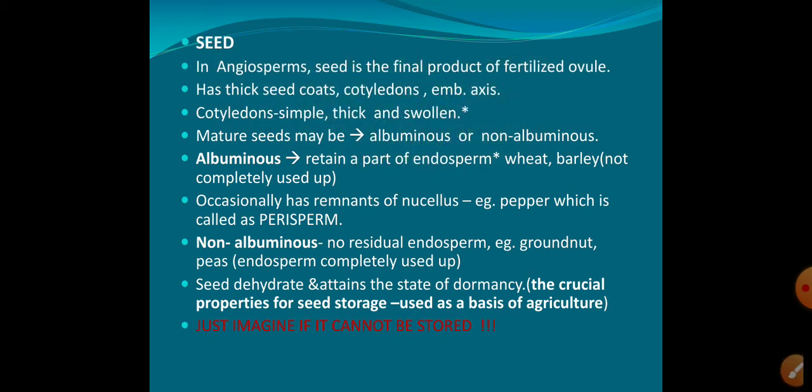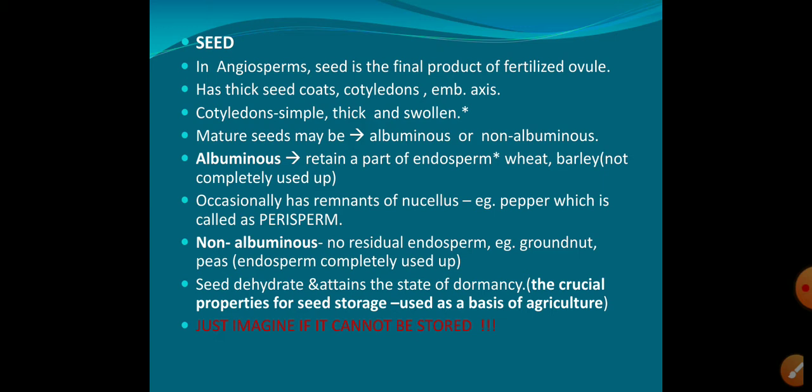So that is remnants, means some kind of residual remains. Remnants of nucellus will be found inside the seeds, and for that you can take pepper as an example here. If some remnants of nucellus is retained inside the seed, then you call that as perisperm. Okay, that is about albuminous seeds.